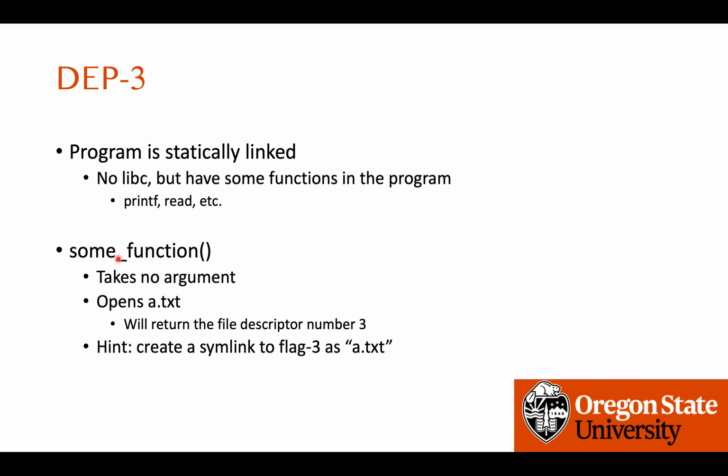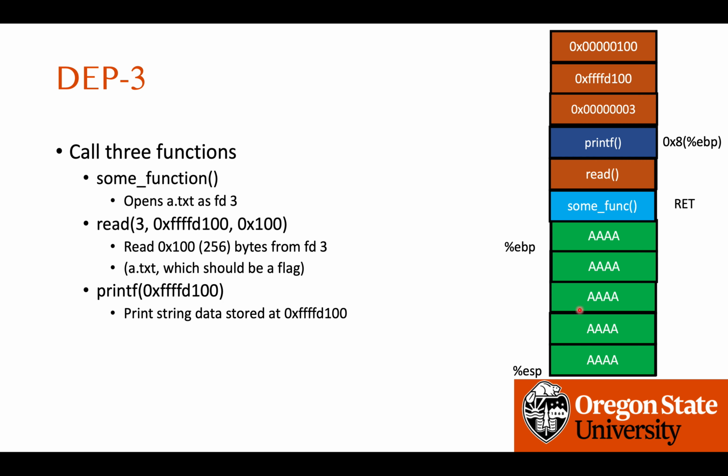So there is a function called the sum function, and what it does is that it will open a.txt. And in such a case, you can create a symlink from flag to a.txt, then it will open the flag file instead of the a.txt as a file descriptor number 3. And in this challenge, please run these three functions. First call sum function, and it will open a.txt as a file descriptor 3, and then read from the file descriptor 3 to somewhere in the stack memory for the size 256 or any size longer than the flag size.